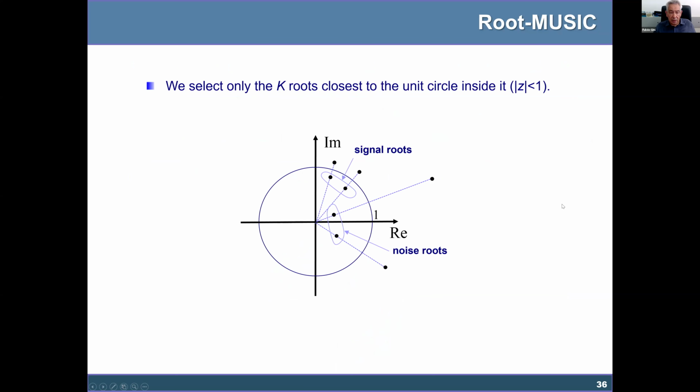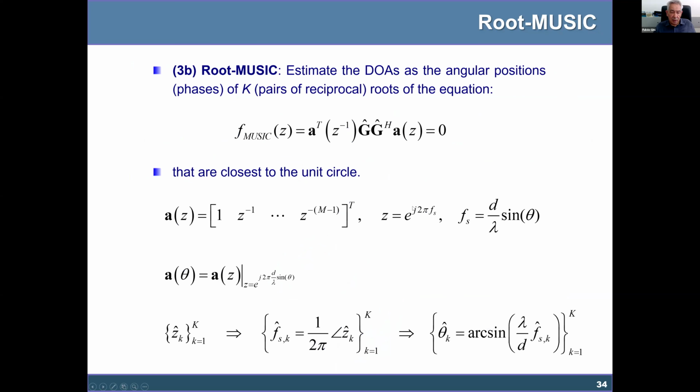We consider those that are closest to the unit circle. Because ideally, for the solution of interest, they should be on the unit circle.